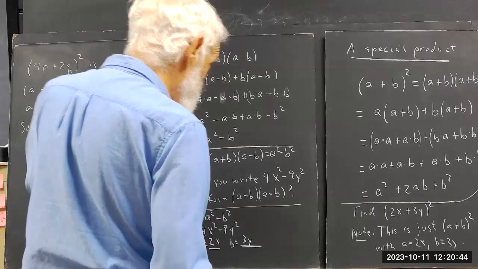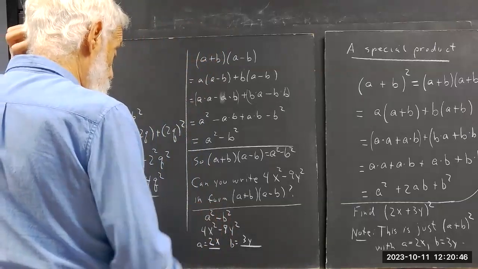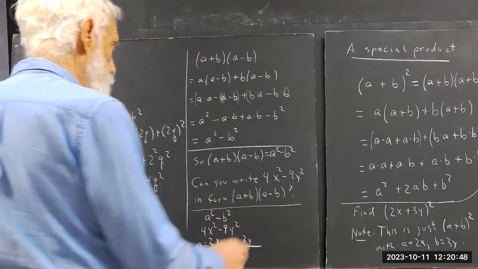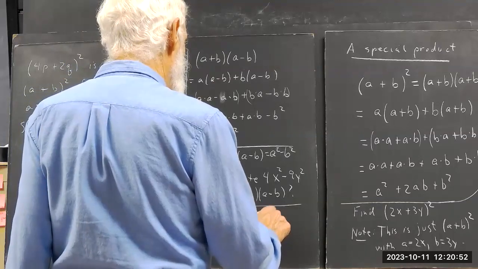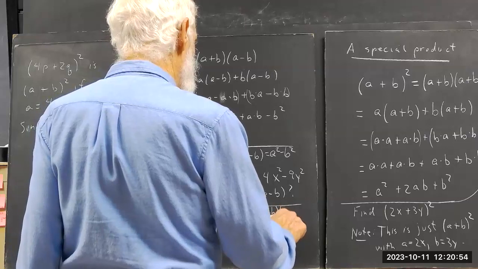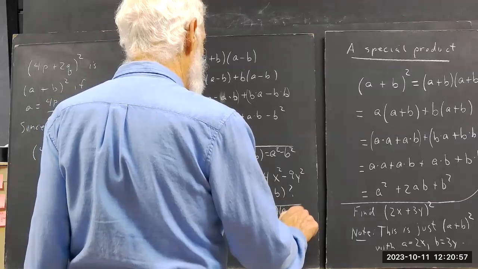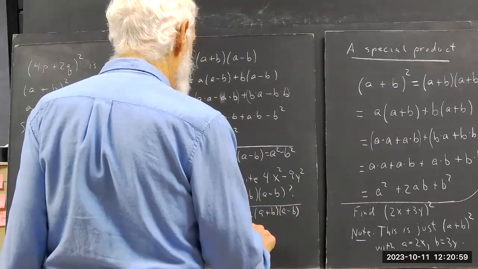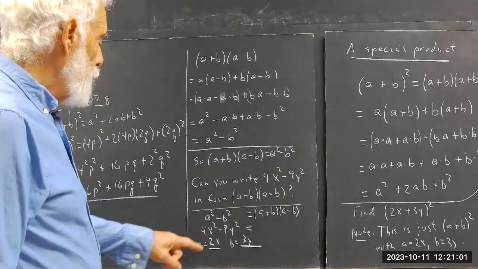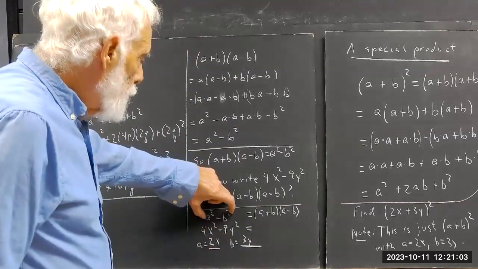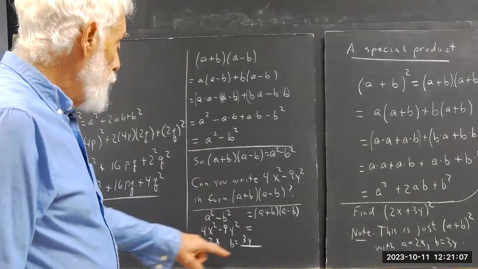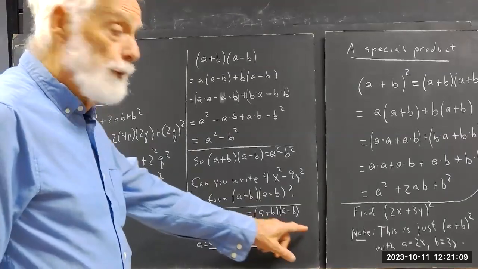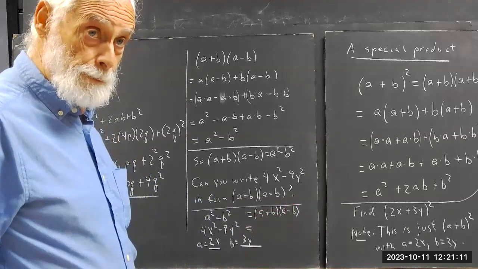Okay, so now if I want to do a squared minus b squared, well, a squared minus b squared equals a plus b times a minus b. Once I identify that this has the form of a squared minus b squared, and once I identify what a and b have to be, I can just write out the formula.